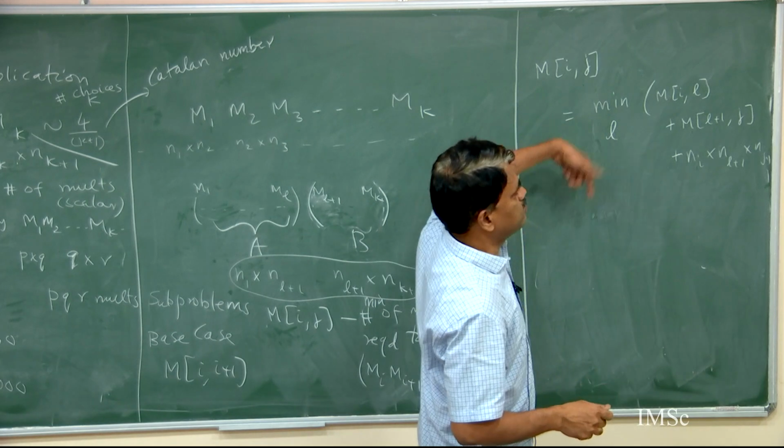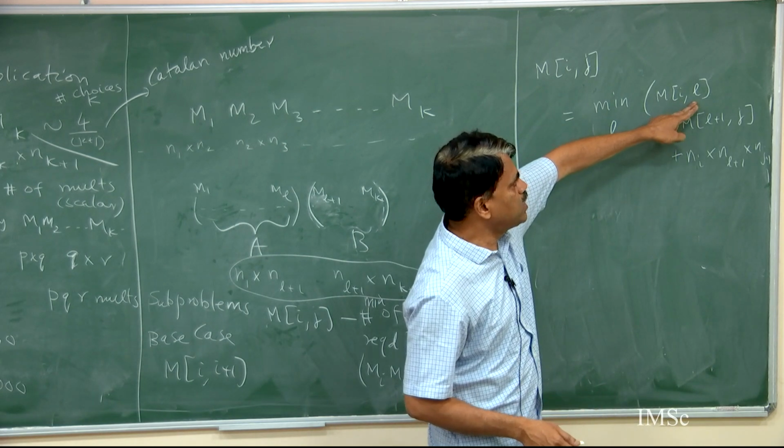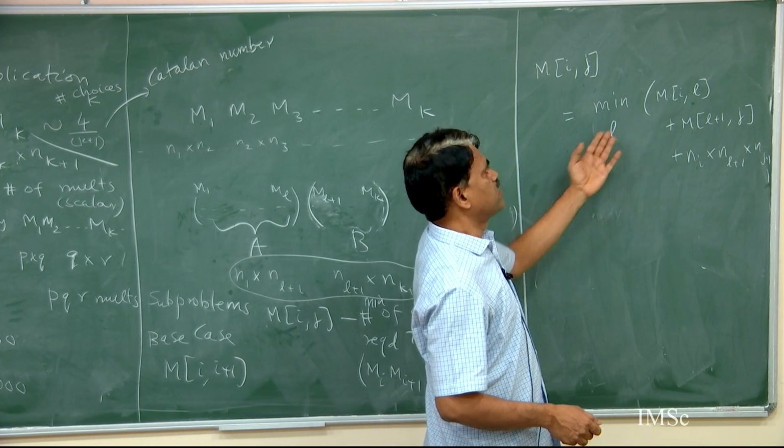Run it over all possible values of L ranging from i plus 1 all the way to j minus 1.